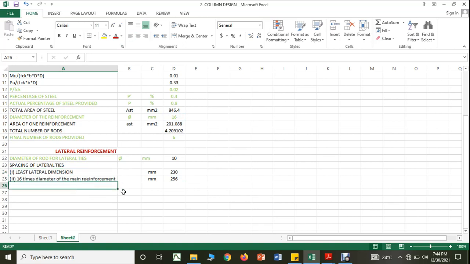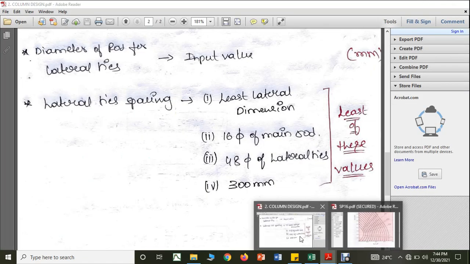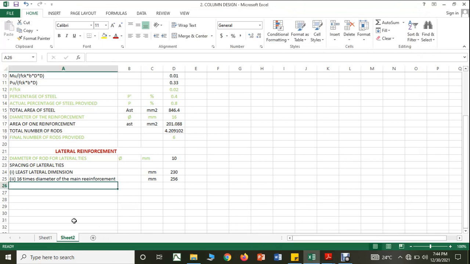Then the third one will be 48 times the diameter of the lateral ties.